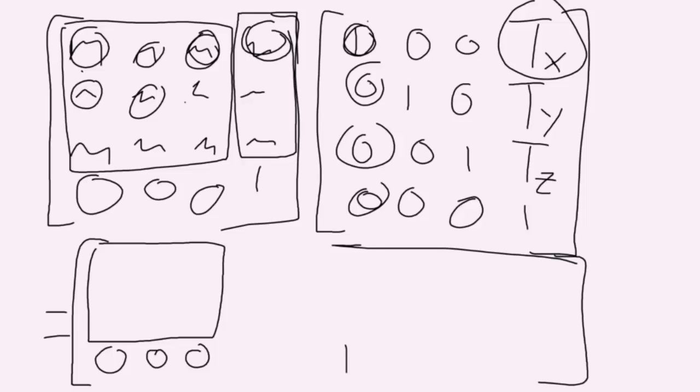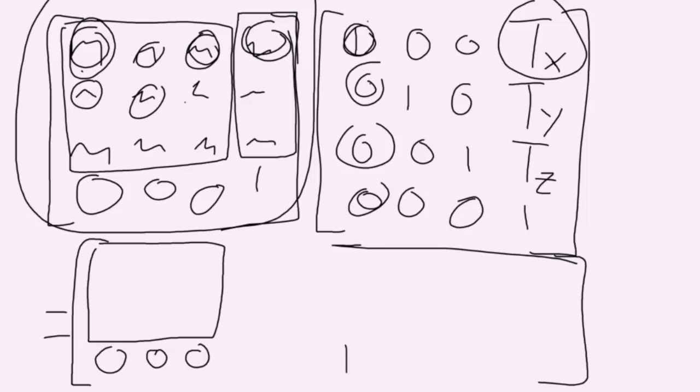However, when we're transforming the coordinate frame, we're transforming the coordinate frame within itself. So we don't want to count tx, ty, and tz within the base coordinate system. We want to count it using the vectors of the coordinate frame that we already have, which is this. And when we multiply it to the right, what we're going to end up with here is this value here times tx.